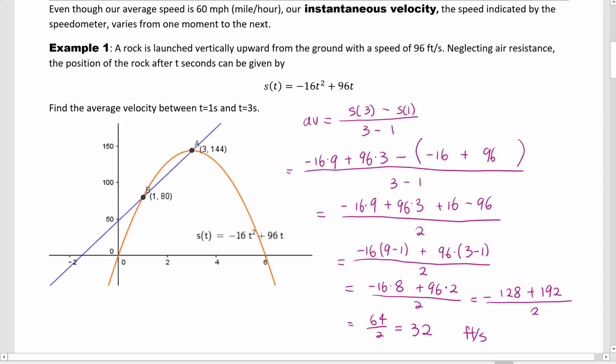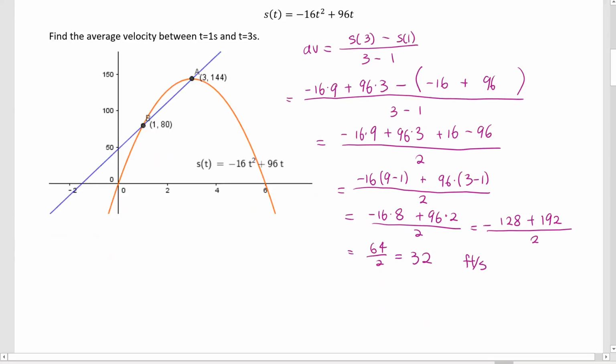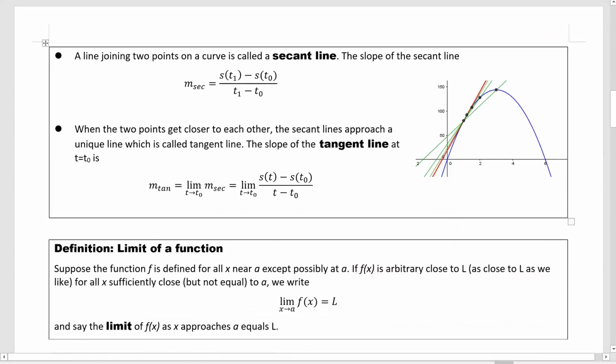And then next, how do we find the instantaneous velocity? Well, let me introduce a definition. A line joining 2 points on the curve is called a secant line. You can see all of these green lines are secant lines. The slope of the secant line: how do we find the slope?